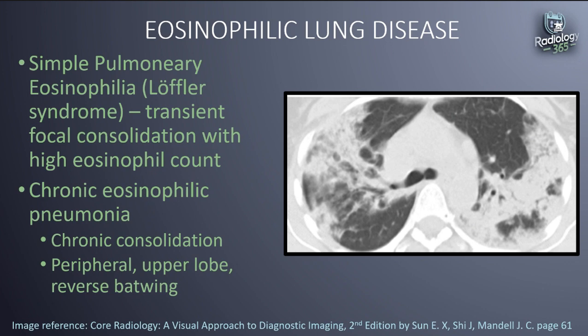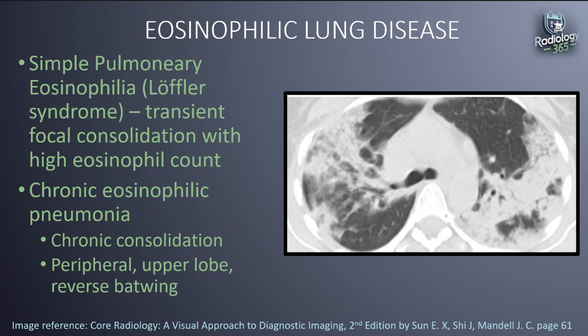An identical appearance can be seen as a response to injury, especially with parasitic disease and drug reactions. So you can have some drug reactions and parasitic disease that would give you a similar picture, but you would only call it simple pulmonary eosinophilia if you have an idiopathic case.